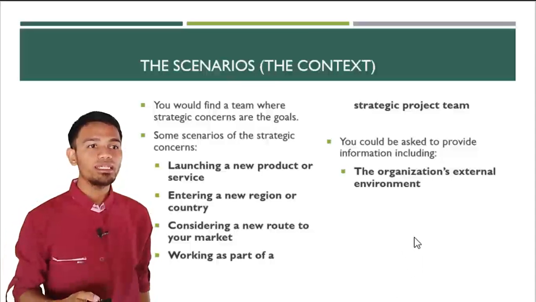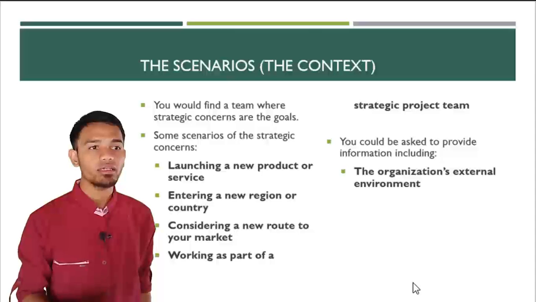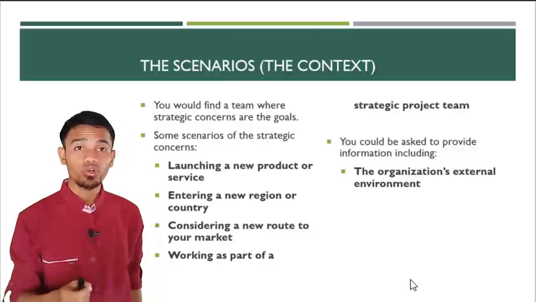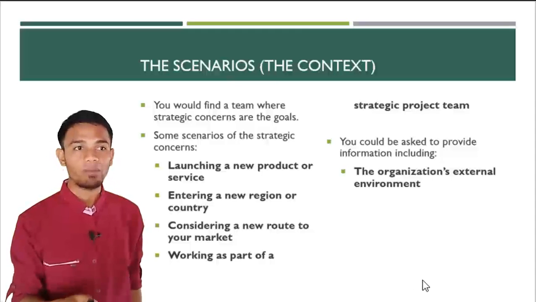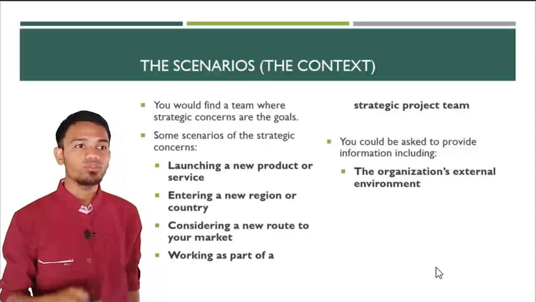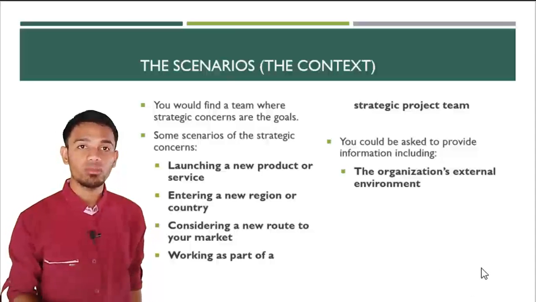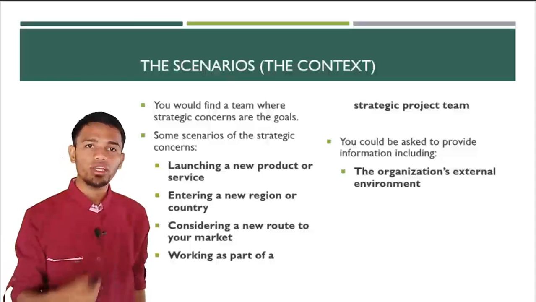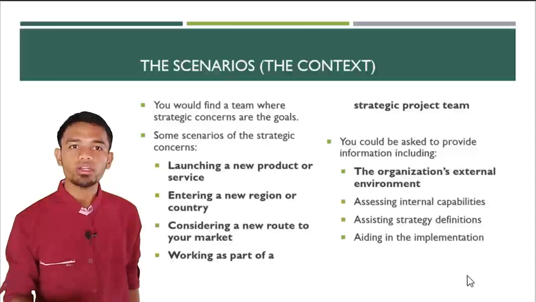You could be asked to provide information including the following. This is the detail when you prepare a strategic marketing plan or a strategy in your company. For example, the organization's external environment: what are the political and economic conditions in the place where you do your business and market your product.